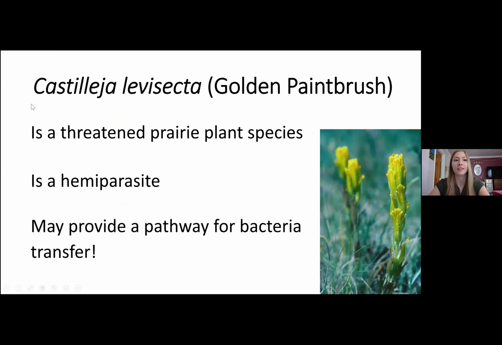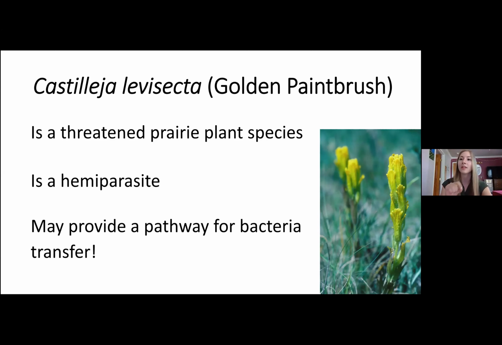One of these species that I would like to highlight is Castilleja levisecta, which is the golden paintbrush plant. The golden paintbrush plant is a threatened prairie plant species which occurs throughout Washington. This plant is a hemiparasitic plant, which means that it has root connections from its roots to nearby host plant roots.